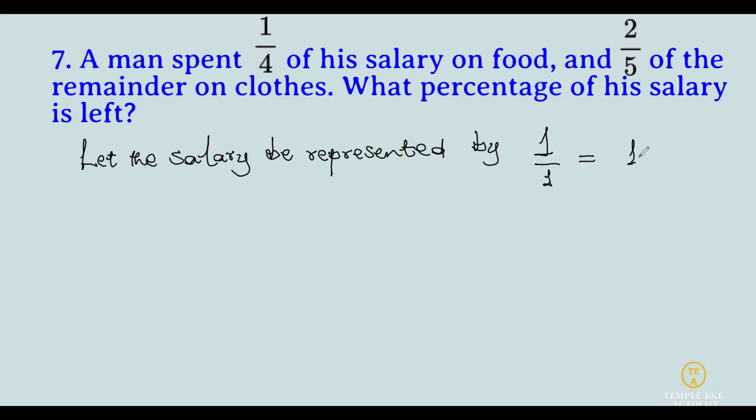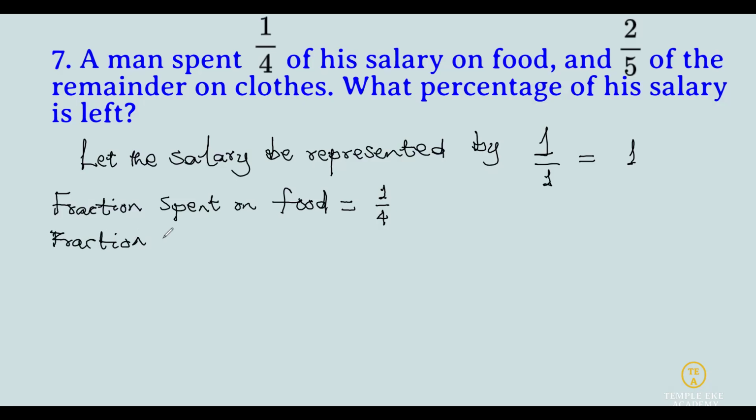Let's now find how much has been spent on food, which is 1/4, and 2/5 of the remainder on clothes. So the fraction spent on food is already 1/4. And from here, we can find the remaining fraction.